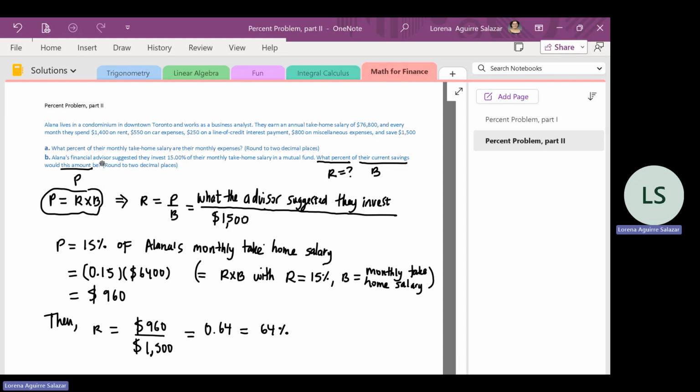So we have that the amount invested in the fund would be 64% of Alana's current savings. And that 64% corresponds to $960. So the advisor is suggesting Alana that they invest $960 in a mutual fund.